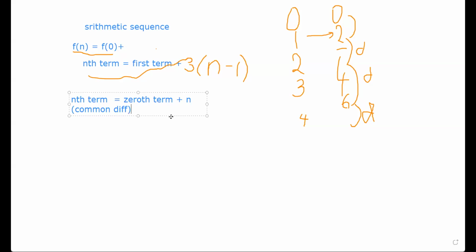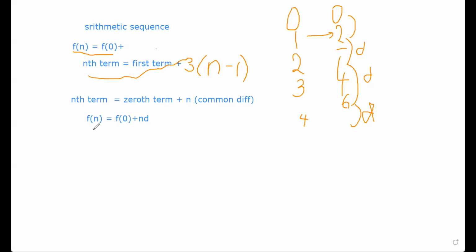Any questions here? So to write it in the f of n form, the nth term f of n will be equal to the 0th term f of 0 plus n times common difference. Does that make sense, guys?